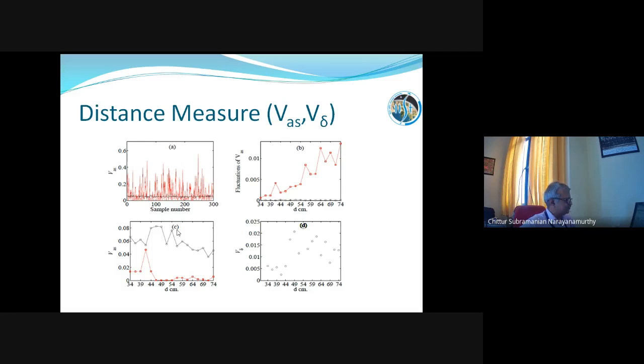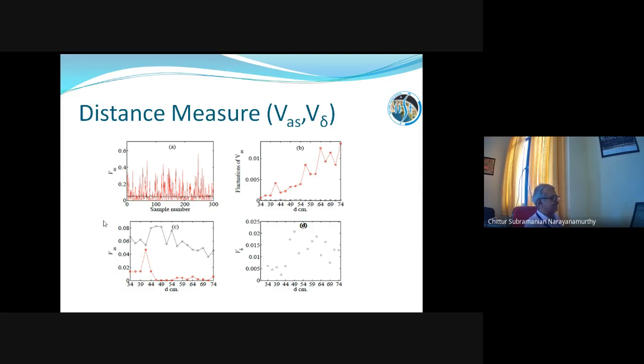When you change the distance, 34, 39, 44, you can see a very interesting result: black is without turbulence, whereas red is with turbulence. So it shows the symmetry is reducing at the various distances for the turbulence-impacted beam. For the turbulence-impacted beam, red, the fluctuation is very low, almost zero after 49, 44, except some fluctuation here.